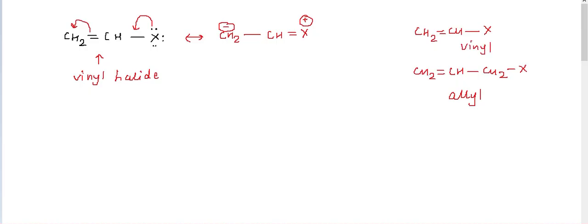This is vinyl. So this is how we can identify and remember their names. Vinyl is simply a carbon-carbon double bond, and just make sure the halogen is attached to the carbon carrying the carbon-carbon double bond. So this is vinyl halide, and this is the first answer.